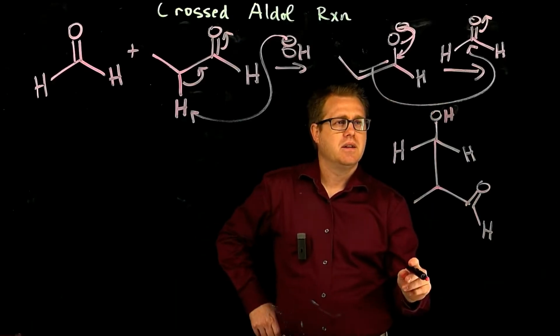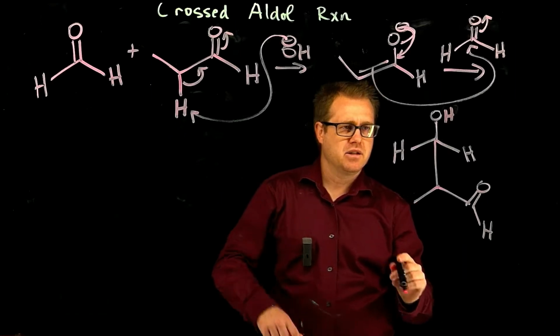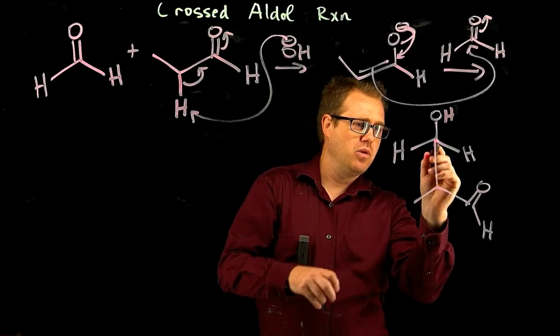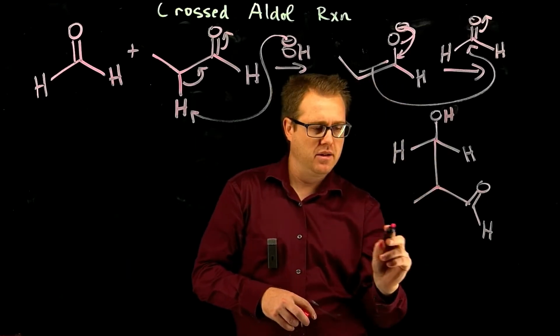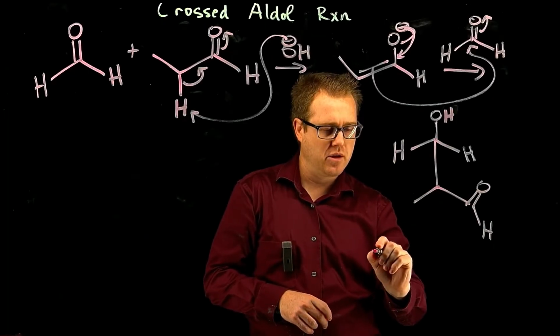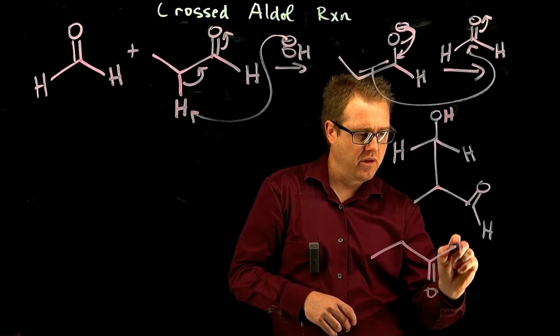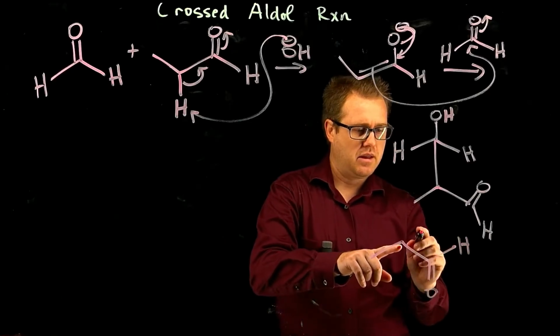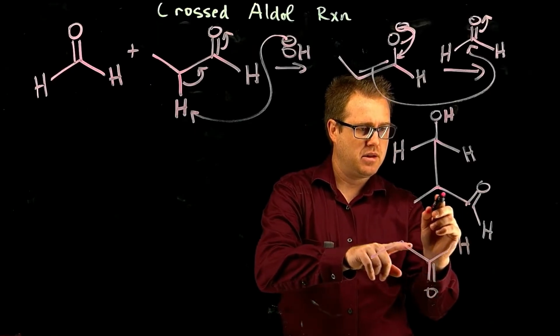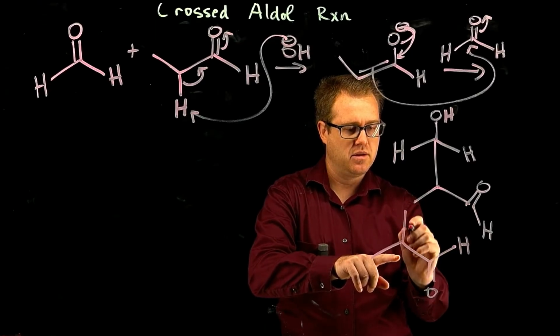So if we make that look a little bit nicer, we could have what? There's 1, 2, 3. So we could go 2, 3. And then, so that's that carbon. That carbon, we have a methyl.